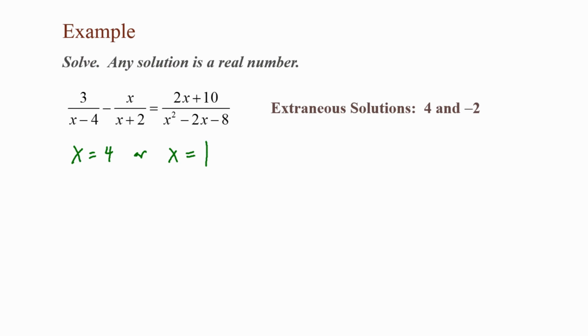Checking my values for x against my extraneous solutions. One of my extraneous solutions is 4, so that means x equals 4 is not a part of my solution set, just x equals 1.